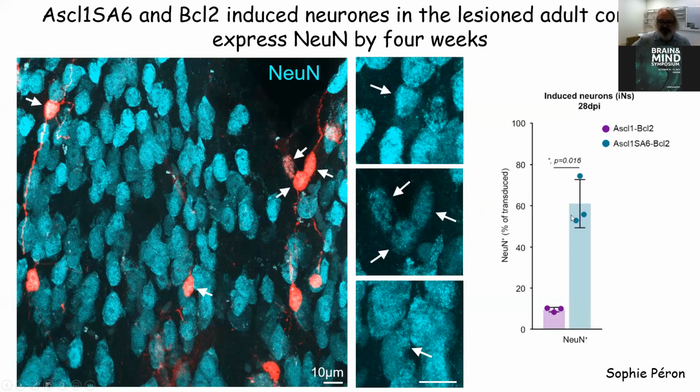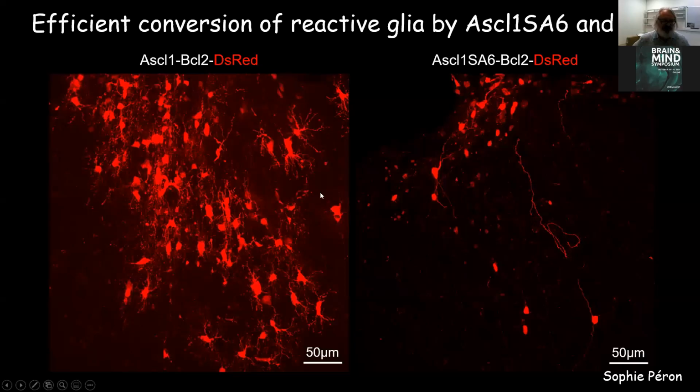So there's a dramatic difference, but there's of course also a difference in cell numbers, as you could appreciate from this. So we get many fewer cells, and we need to find out whether this is due to cell cycle exit, or whether there's actually some loss of neurons as they differentiate in this adult brain.